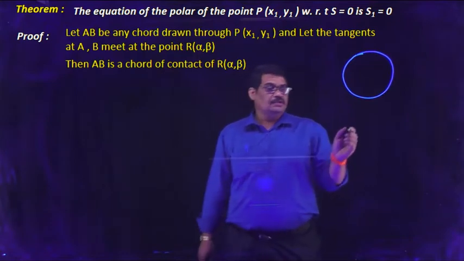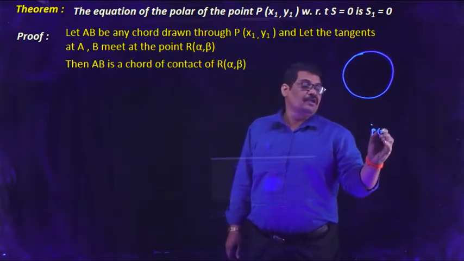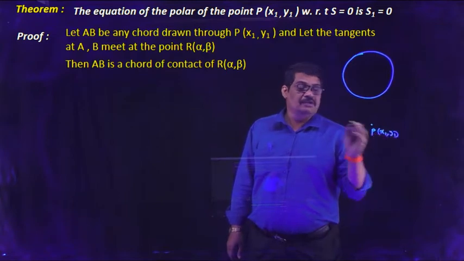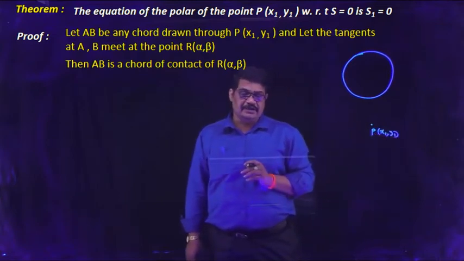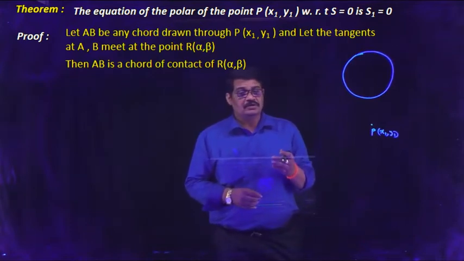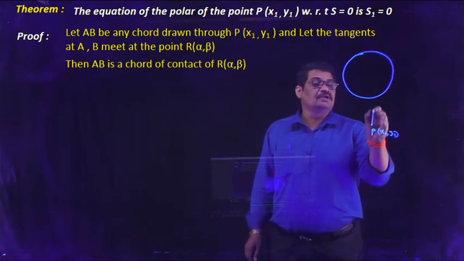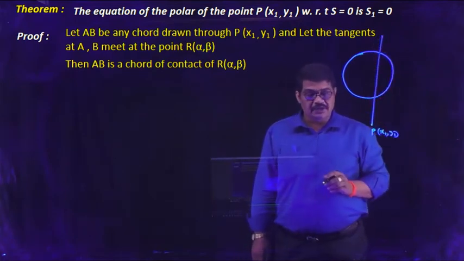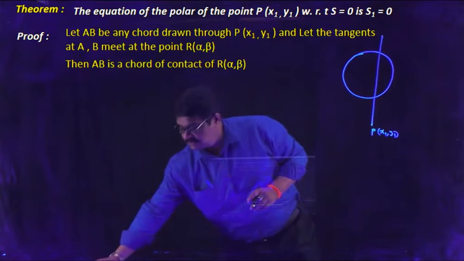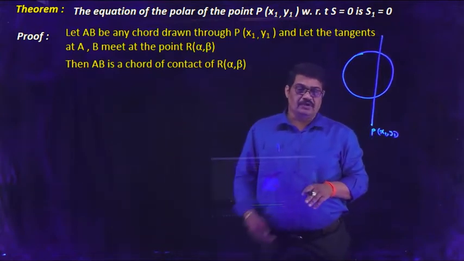Suppose the given point P(x1, y1) is exterior to the circle. What is the definition of the polar? Draw the secant through P to the circle. This is the secant through the point P(x1, y1).